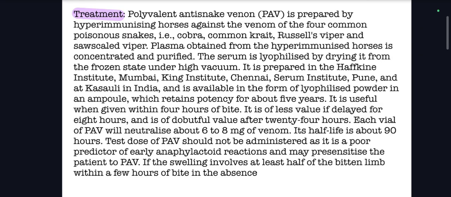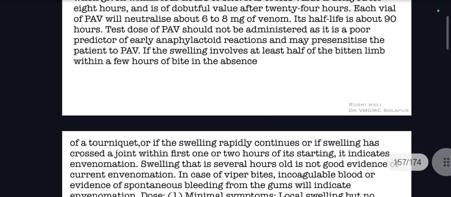So what they are saying is that instead of a test dose, you should give the proper dose of this PAV because a test dose may hypersensitize the patient. If the swelling involves at least half of the bitten limb within a few hours of bite in the absence of a tourniquet, or if the swelling rapidly continues, or if the swelling has crossed a joint within the first 1 or 2 hours, it indicates envenomation.